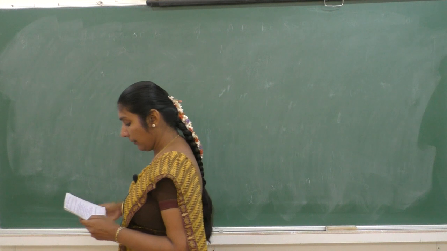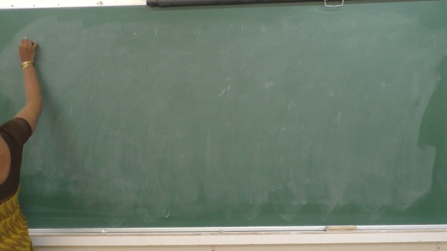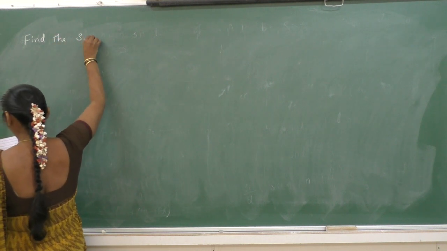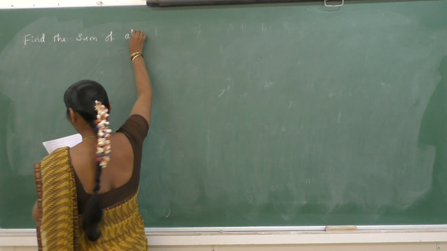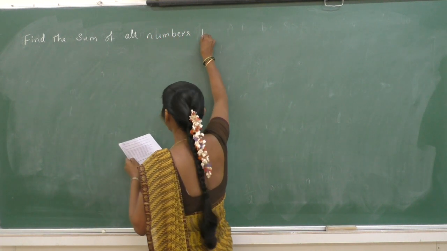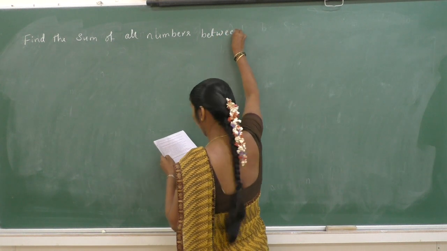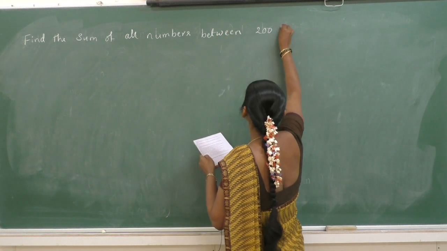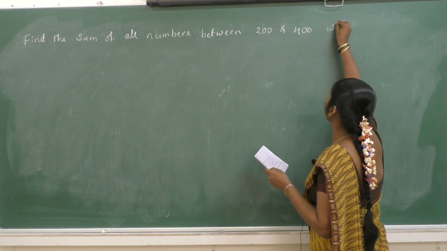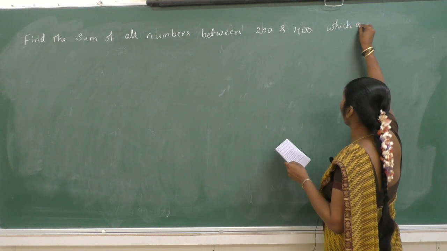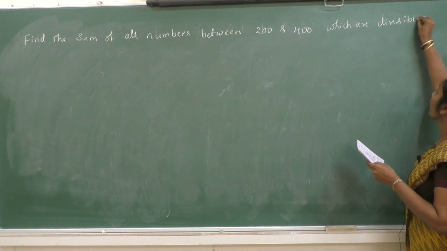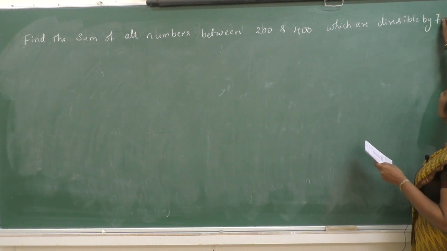Next, find the sum of all numbers between 200 and 400 which are divisible by 7.